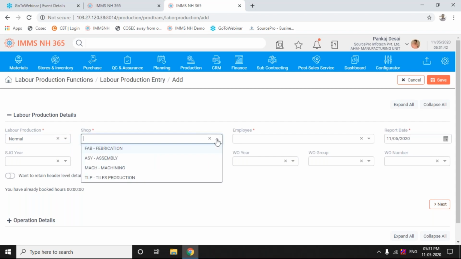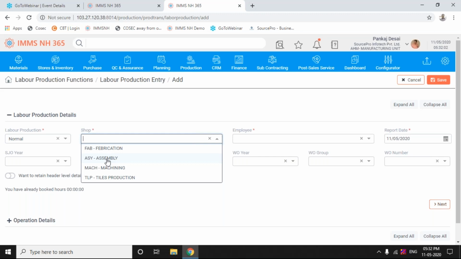On which shop I am doing, ये अभी जो हम देख रहे हैं स्क्रीन पे, that is a time booking and quantity booking facility that we have provided, or functionality that we have provided in the system for a person who is involved in the manufacturing.